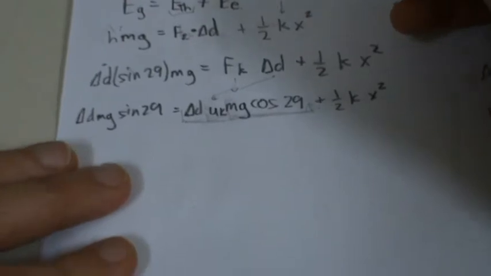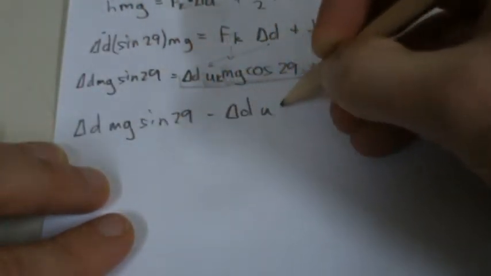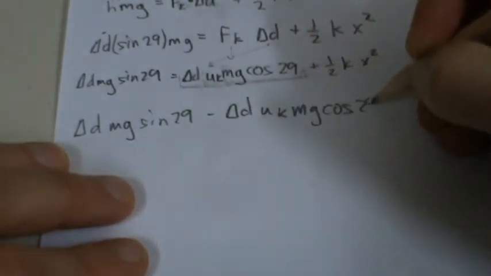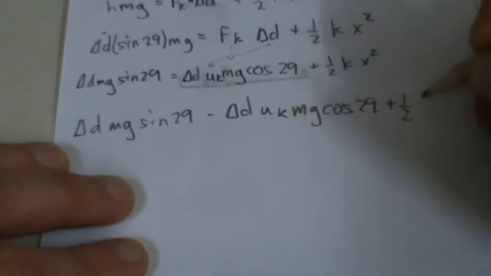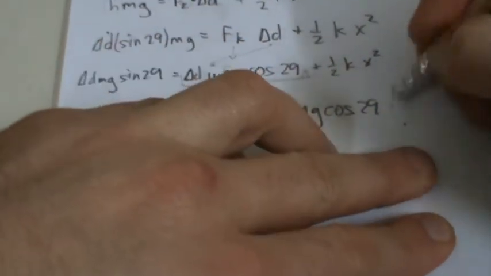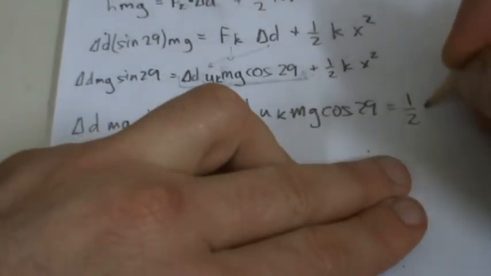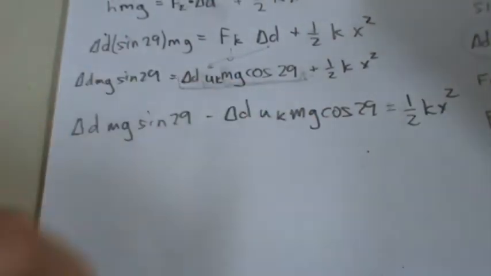Let's solve for delta D. I'll take this whole term and subtract it over. So it's delta D mg sine 29 minus delta D uk mg cosine of 29 equals 1/2 kx squared.